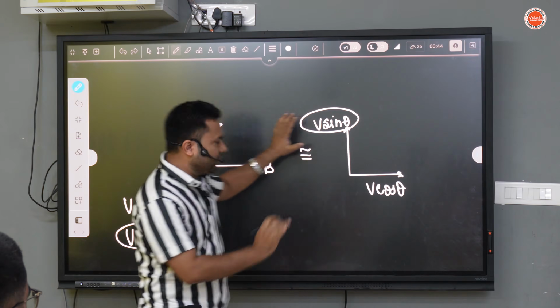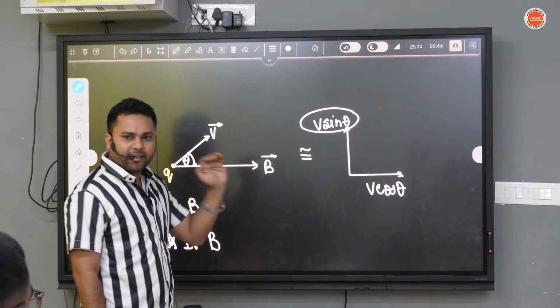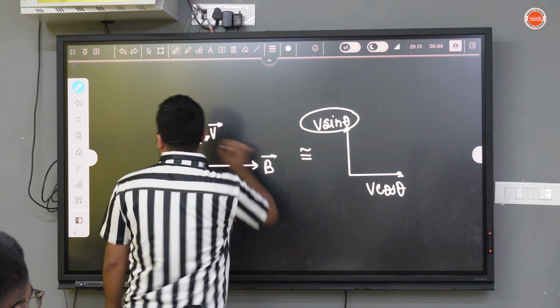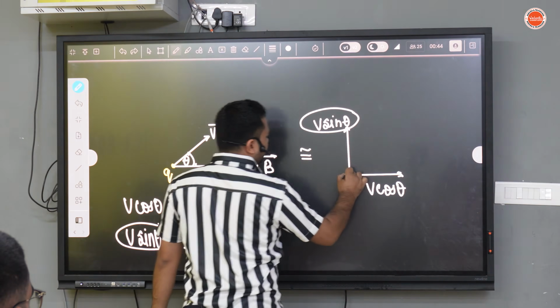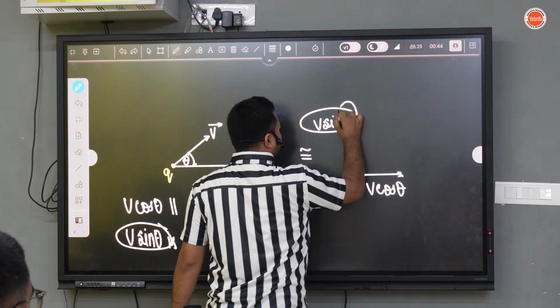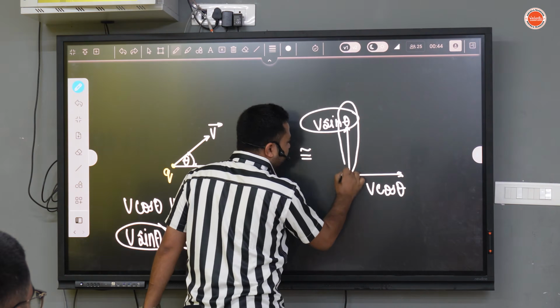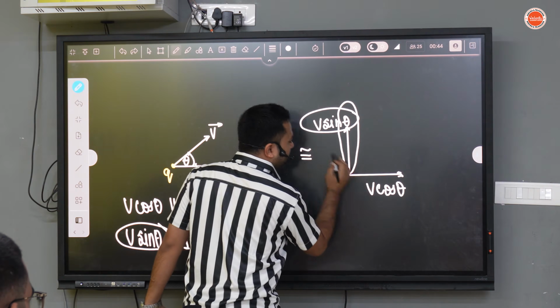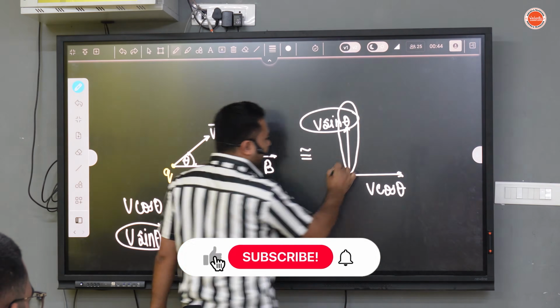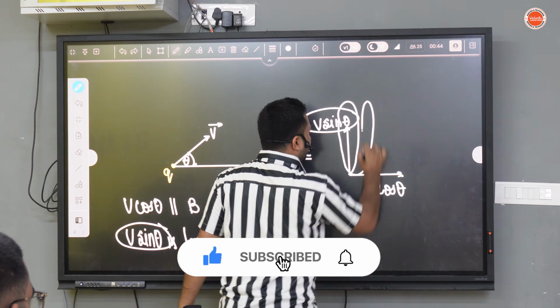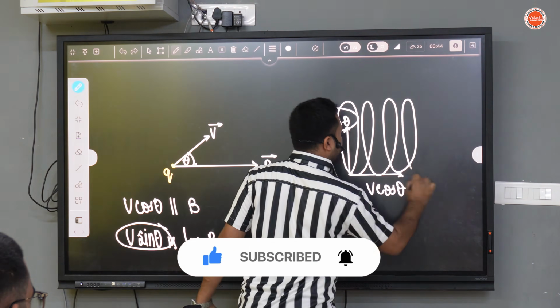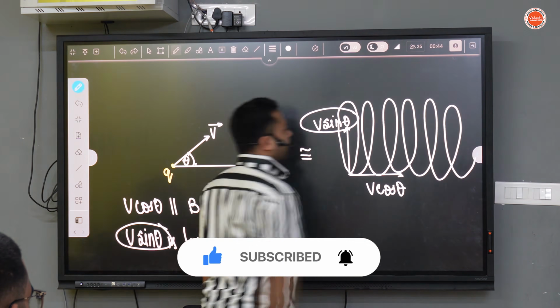See here carefully, due to v sin theta, the particle will execute circular motion. So I am drawing like this. Suppose it is executing circular motion. At the same time, this component will move it forward. So that's why the motion will be like this. Correct?